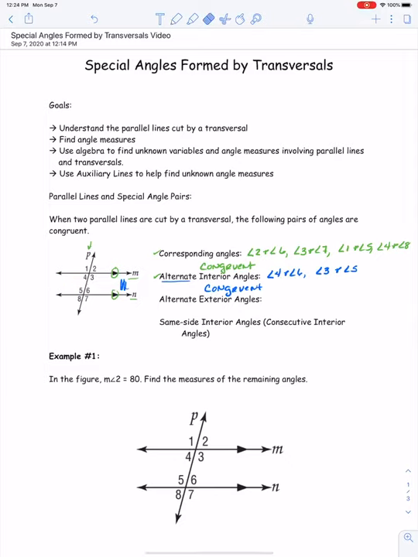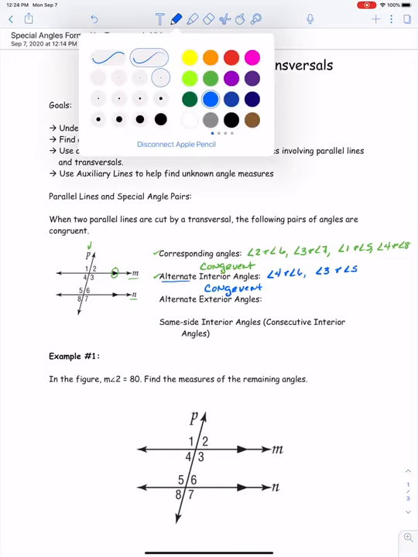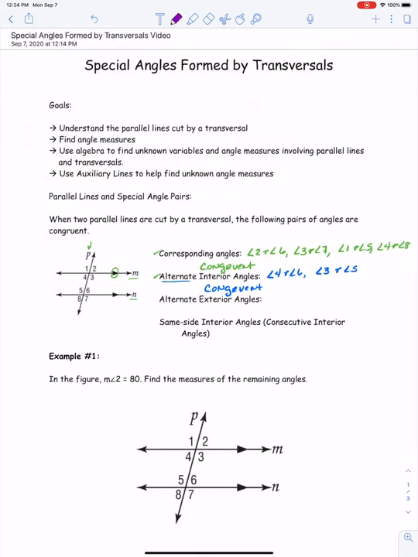So let's go on to our next angle, and we are going to look at alternate exterior angles. So this time we want to look at angles that are on the outside of our parallel lines and on opposite sides of the transversal.